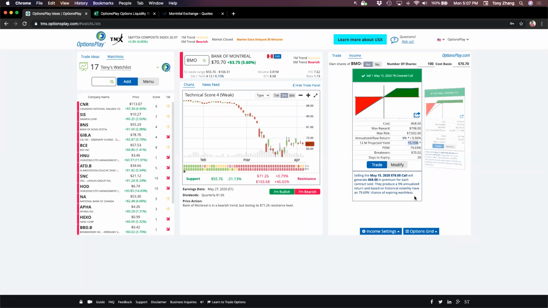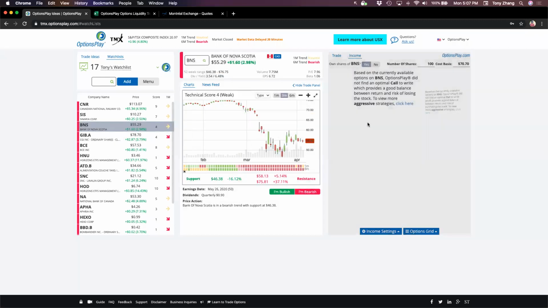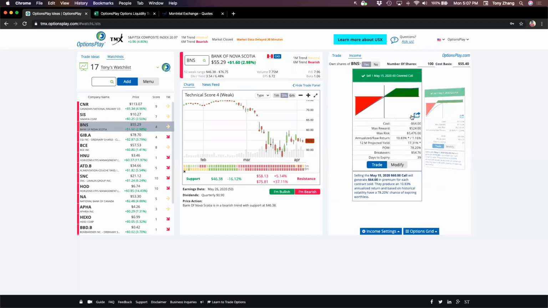Your total yield comes out to be roughly 15%. That is nothing to sneeze at when it comes to an income stream on a stock that you are holding for the long run. Bank of Nova Scotia, $55 stock, selling the $60 call option, collect $64 in income. That's a yield of 10.83% on a stock that pays a 6.5% dividend.